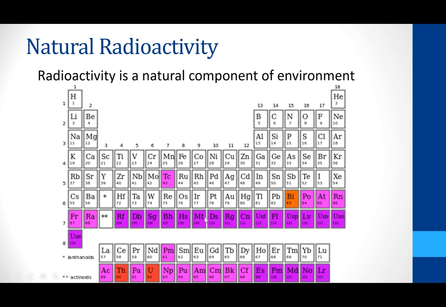And many of these really big ones at the very bottom of the periodic table radioactively decay very, very rapidly, like within seconds or milliseconds. So radioactive decay is just a part of nature. It happens without us having to do anything.